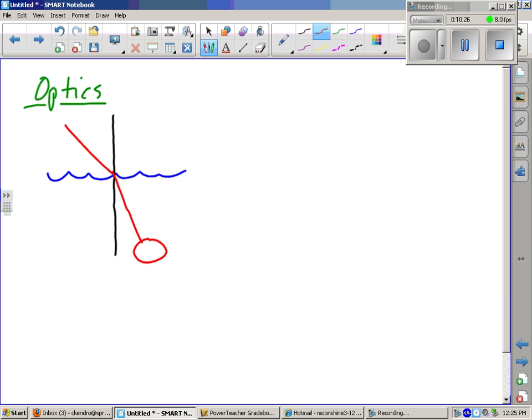The water makes it look like it bends. It doesn't technically bend, but the water distorts it. We're going to call this angle I, which stands for the angle of incidence, and this angle down here R, because it's the angle of refraction.